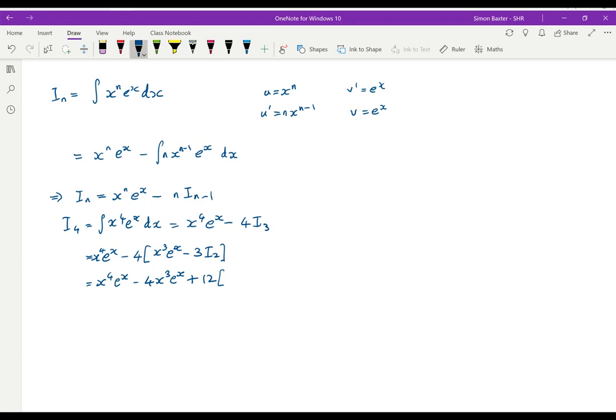I_2, using the formula, is x squared e to the x minus 2 I_1. x to the 4 e to the x minus 4x cubed e to the x plus 12x squared e to the x minus 24 I_1.